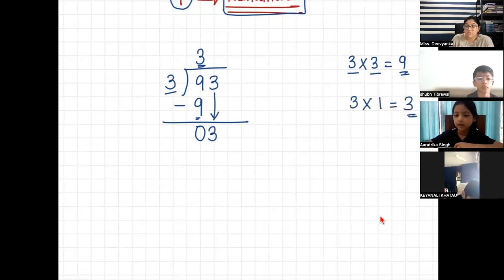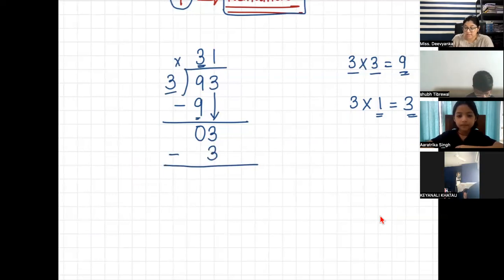Yes, so 3 comes by multiplying it with 1. So 3 multiplied by 1 is equal to 3. Is that correct? Yes. And now let's do the subtraction.